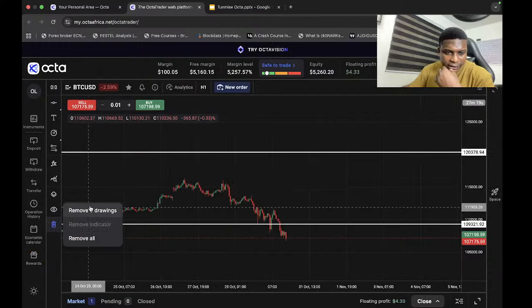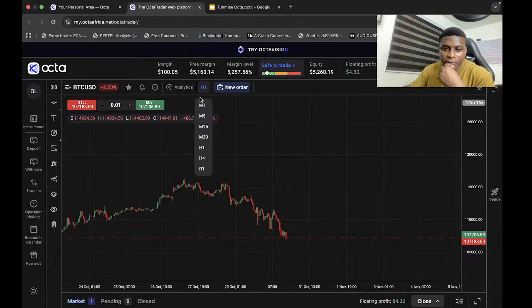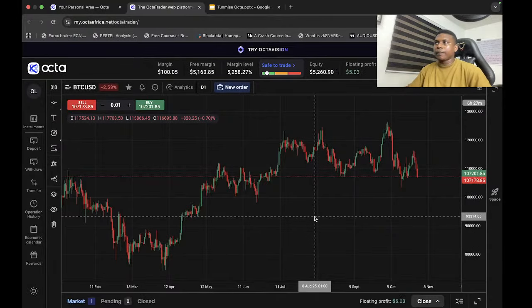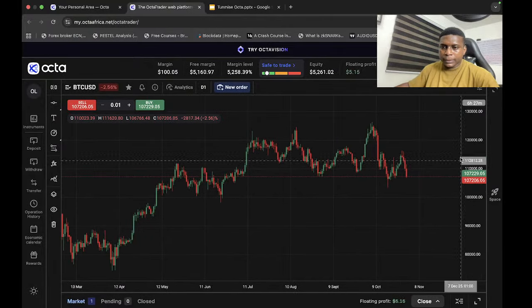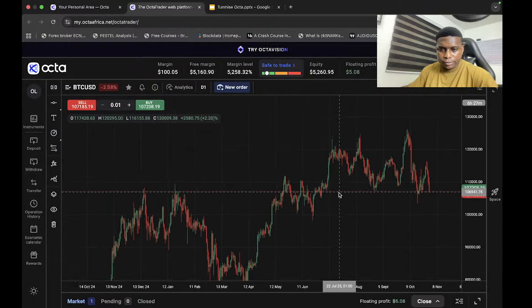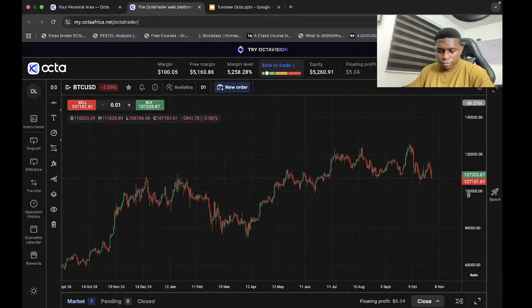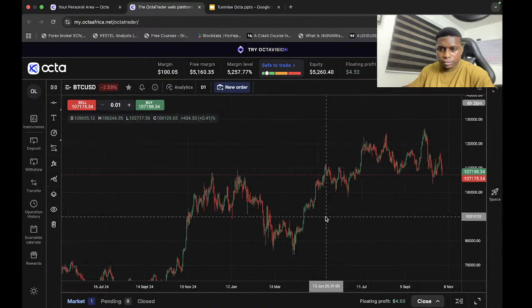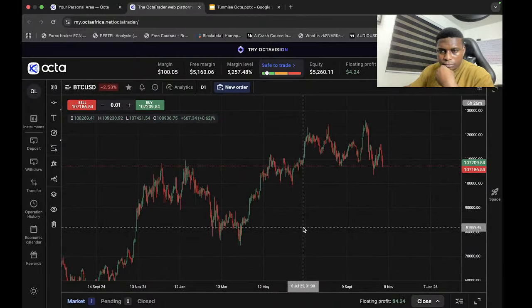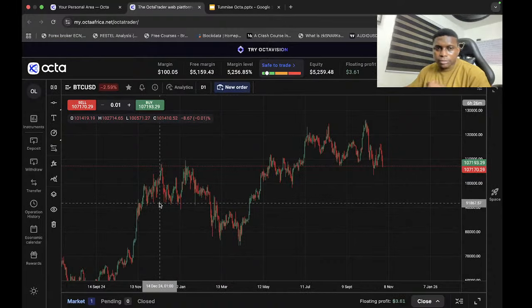Okay, so let's take off all the lines. Let's go back to our daily time frame also. Okay, guys, here is Bitcoin, and this is the daily time frame. So what are we going to do here?